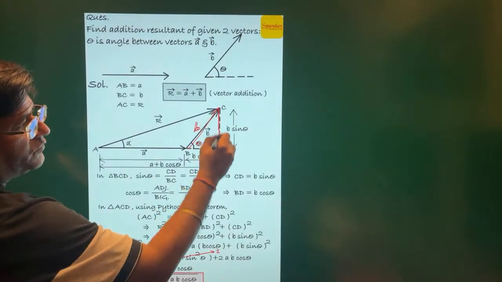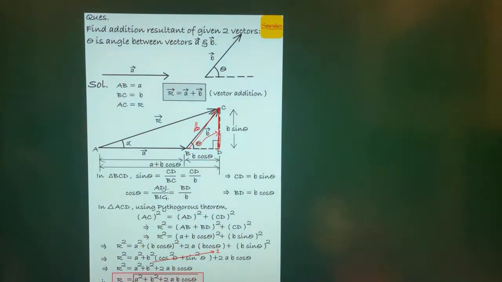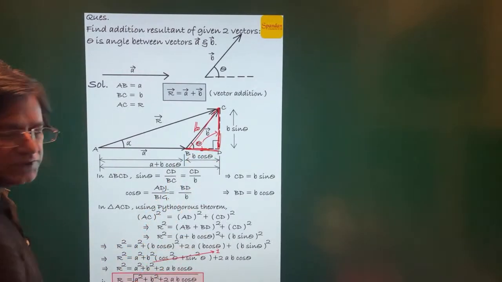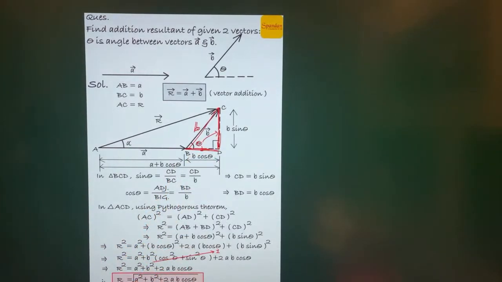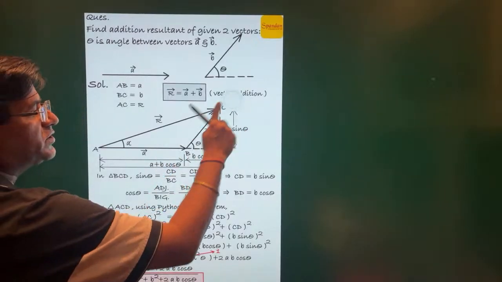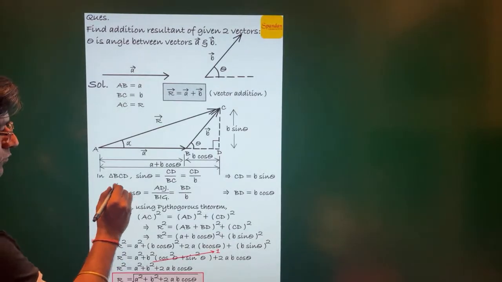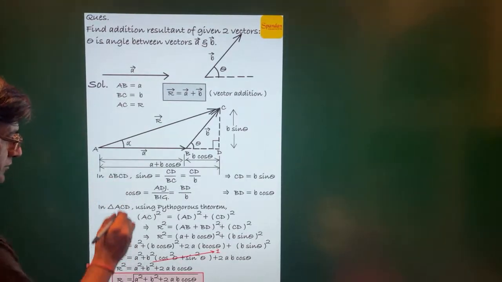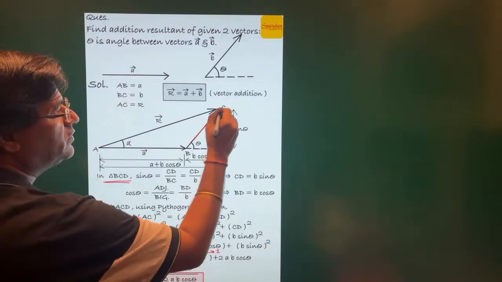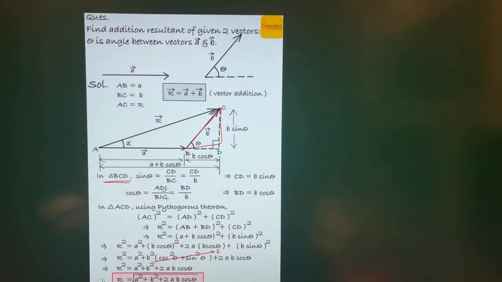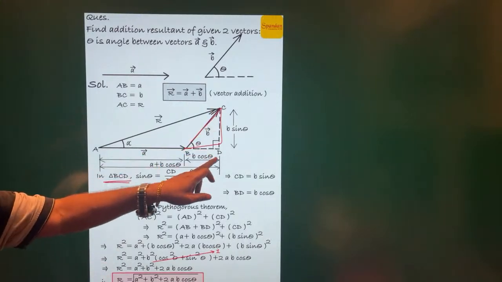So we have to find the side opposite to this theta, CD, and we have to find BD, the side adjacent to theta, right? So for this, in this triangle what we see, BCD triangle. In triangle BCD, what we see, B is the hypotenuse, we have to find CD length, right?